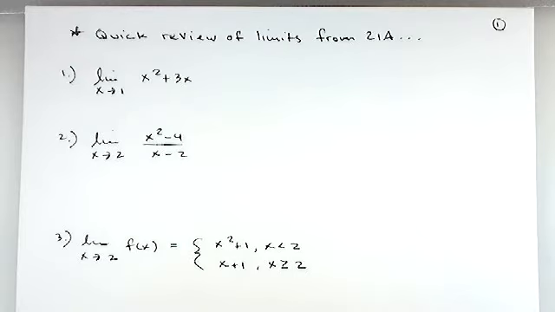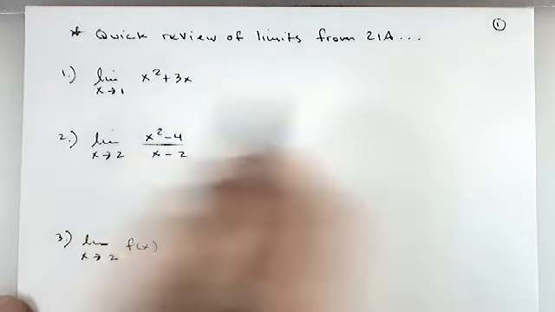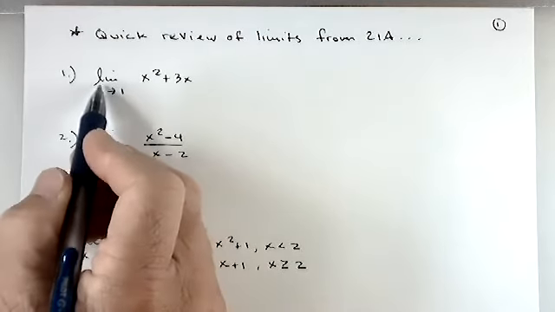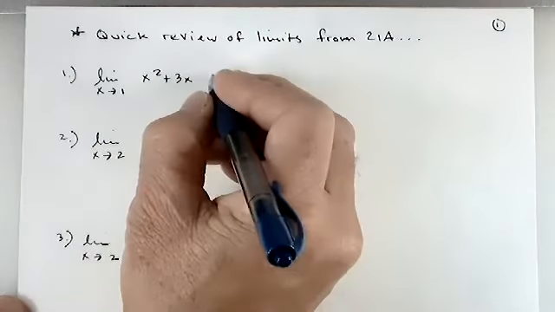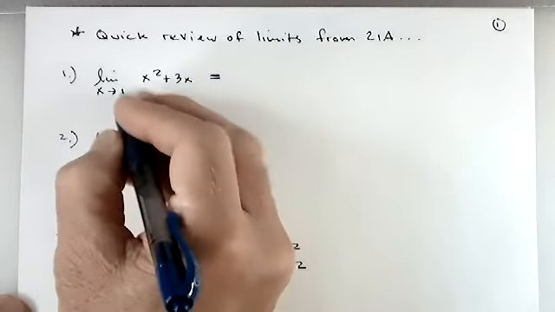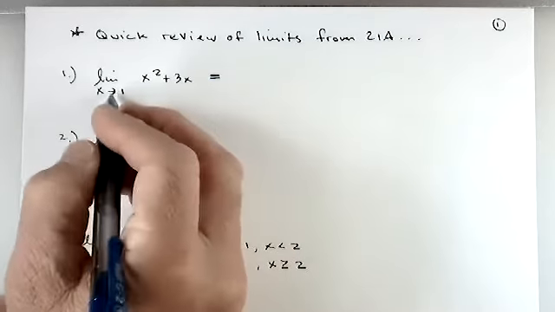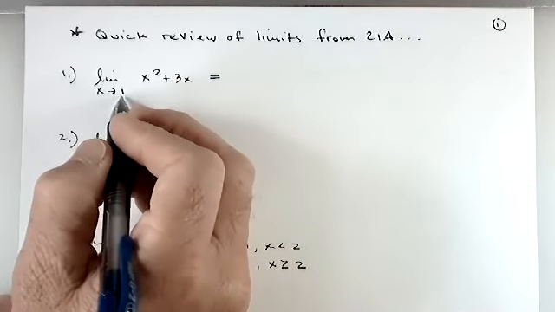And so quick review from 21a, because it's been a while since we've done limits. First example, limit as x approaches 1 for x squared plus 3x. And remember, your first rule of limits is whatever that number is, even though what a limit means is you're not really at that number.